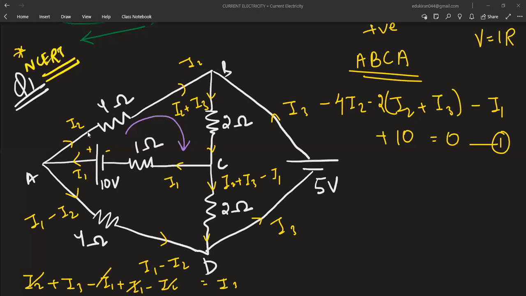See, we have distributed the current in a random order. It's just that from a cell only generate new currents. I1 has been generated from here. I2 I had taken, so I had to write I3 over here. Now look, after distribution of current, pay attention here.